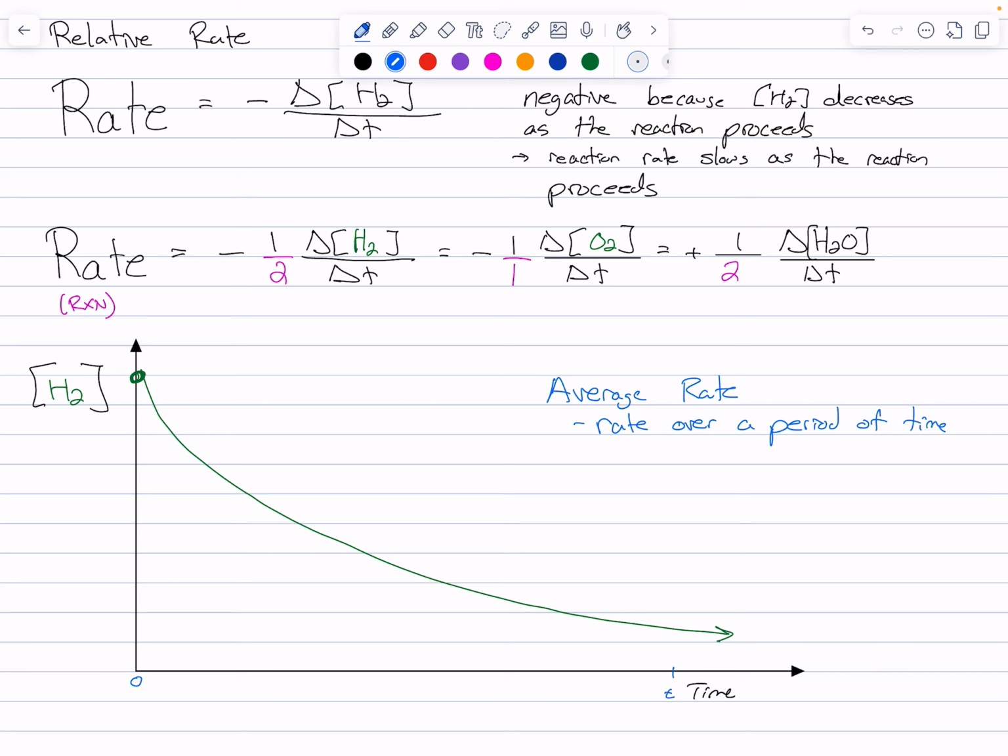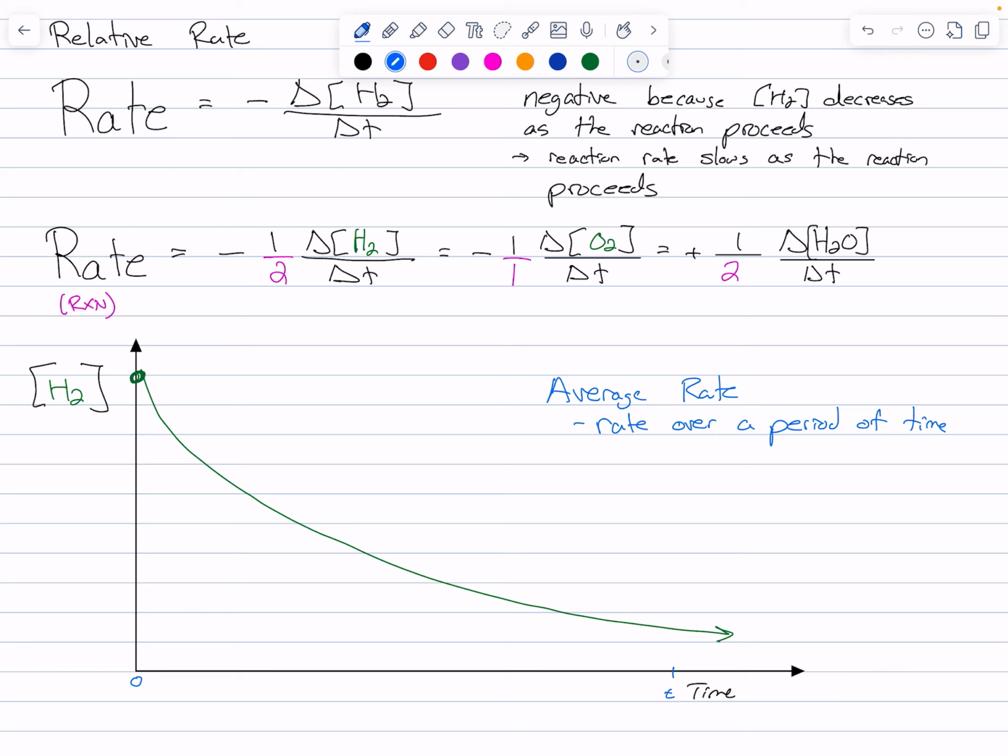You could have an average rate overall, just like your car might have an average speed. Newer cars will tell you that. You're averaging this. It takes into account all the time it's on.